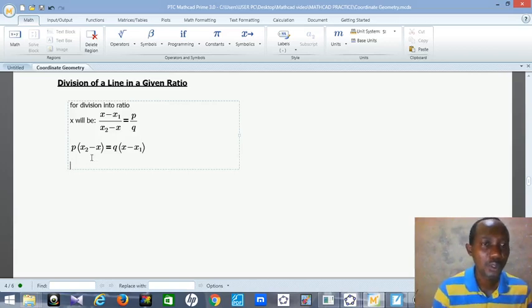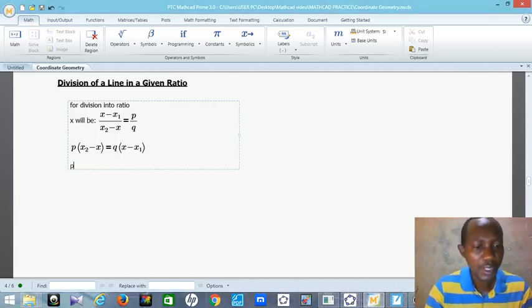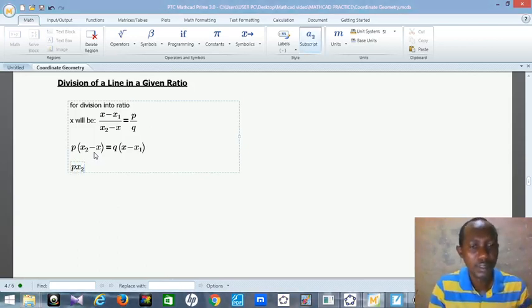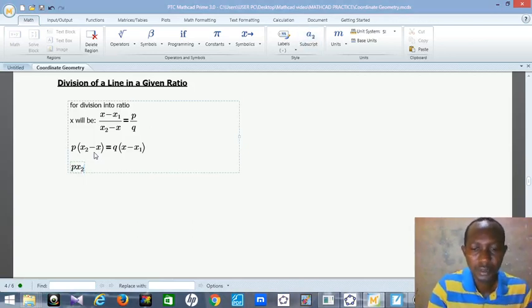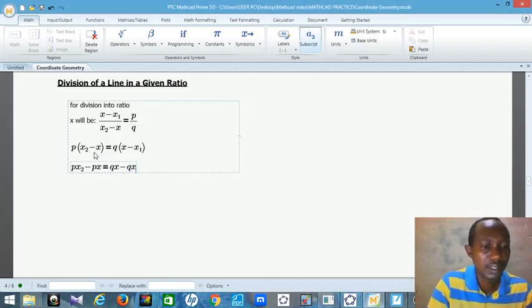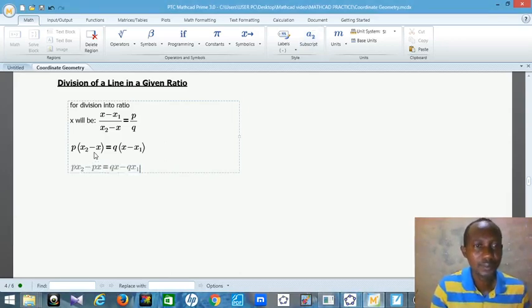Then the next step is to open the bracket so that you can make x the subject. So you have your px2 minus px equals qx minus qx1.